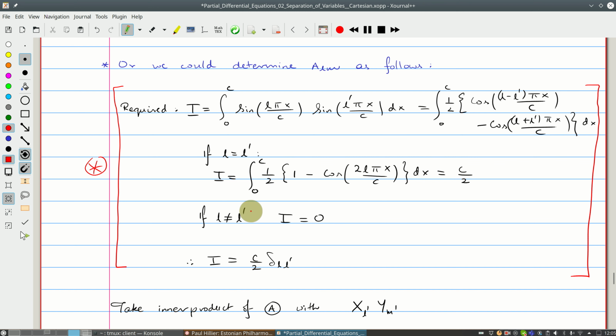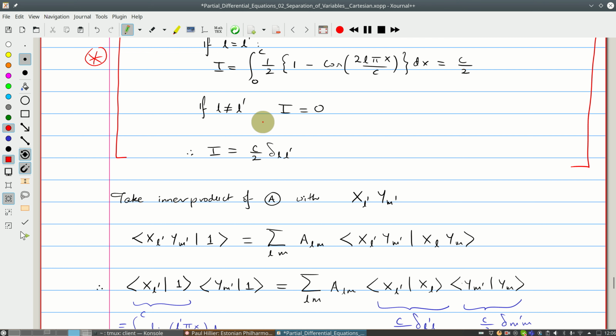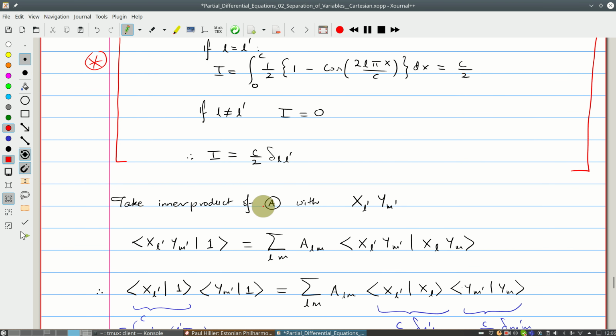In other words, this integral is equal to c over 2 times the Kronecker delta of L and L prime. This should be familiar from your Fourier series, so just go back over that if you've forgotten how that works.